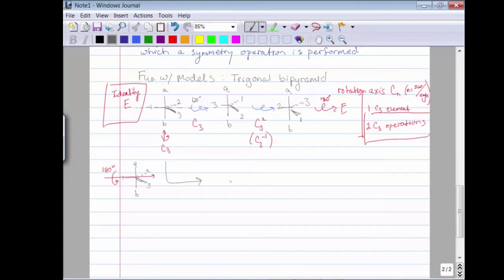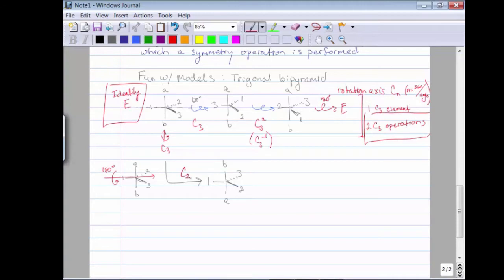So what would that be called? If I'm rotating by 180 degrees, what? Yep, it's a C2. So this is going to be my C2 axis.